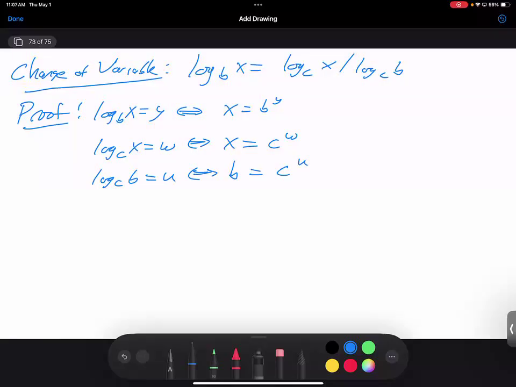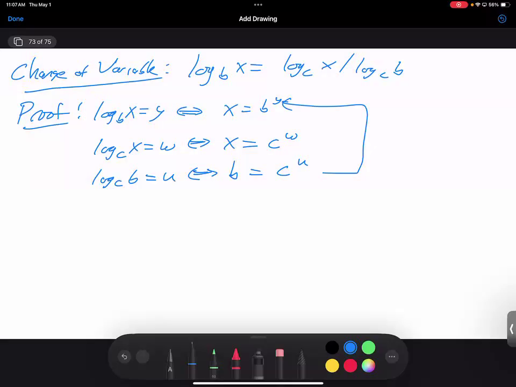So we want to figure out how we should express things. We know x is b to the y. I want to now look at writing things in terms of c. So how would you like to do the algebra? I've introduced some new letters w and u to help. Yeah, so we've got b is c to the u.